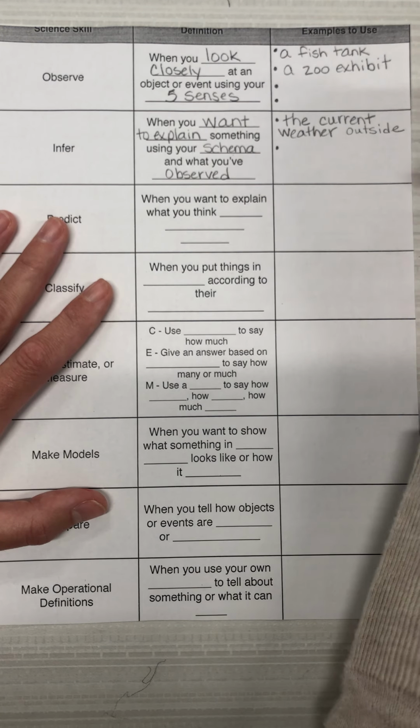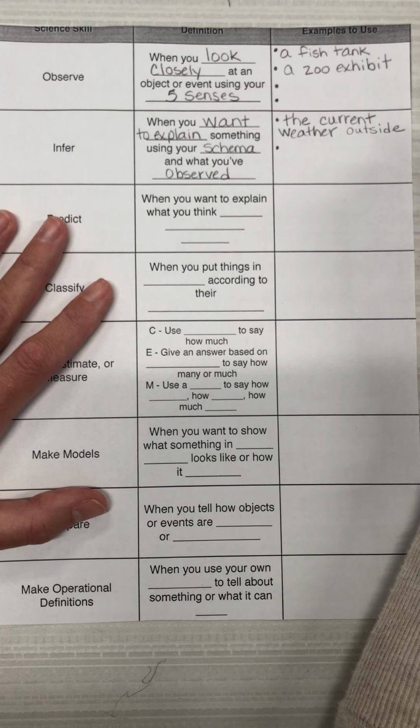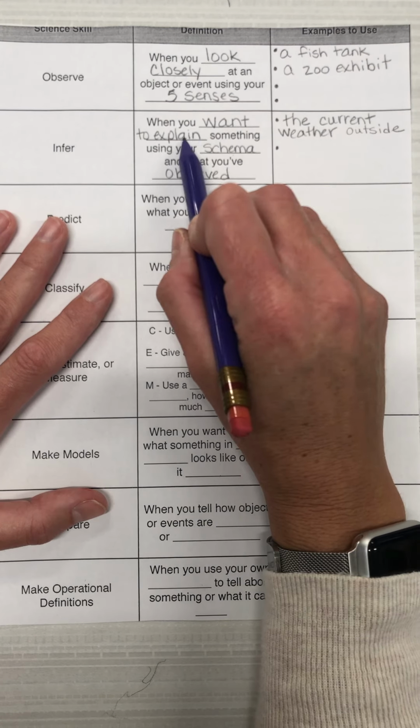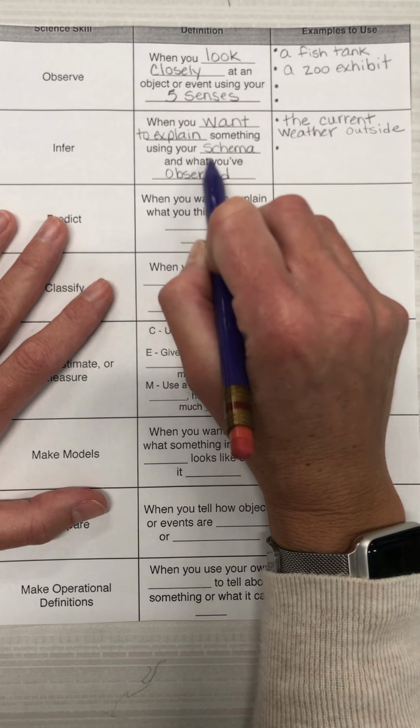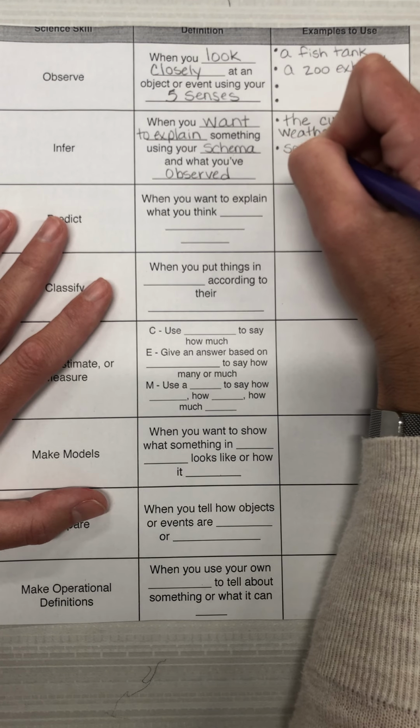I might also infer looking at somebody. You know, I'm looking at their face. I see their facial expressions. I could infer or explain based on prior knowledge or what I already know, my schema, someone's feelings.